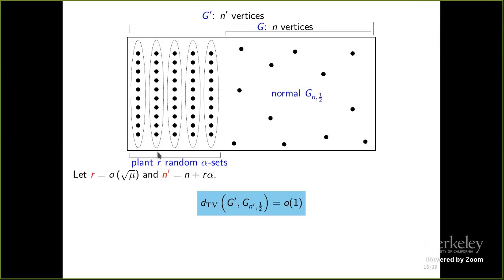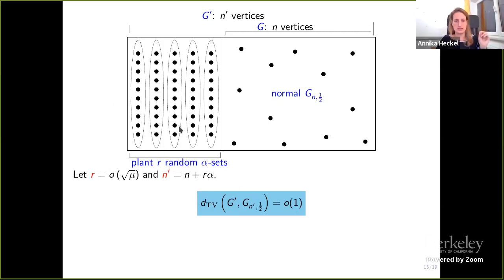Okay, so if R, the number of planted alpha sets, is less than √mu, this outer random graph G' is basically indistinguishable from a G(n', 1/2). We can couple G(n', 1/2) and this planted model to agree with probability tending to 1.